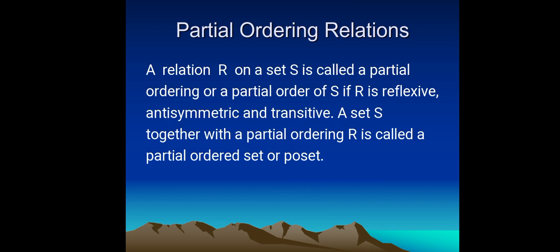The difference between an equivalence relation and a partial ordering relation is that in an equivalence relation the symmetric property holds, but in a partial ordering relation the antisymmetric property holds. This is the main difference between the two. Thank you.